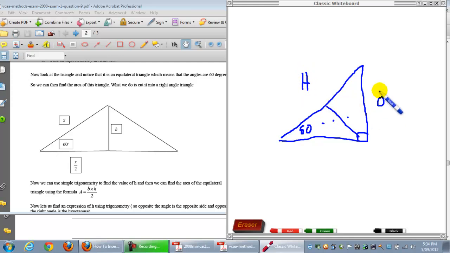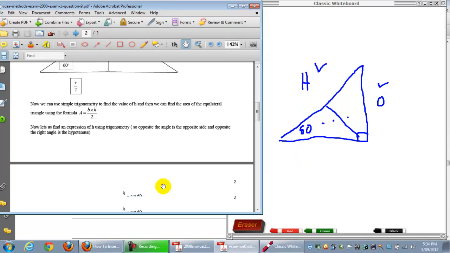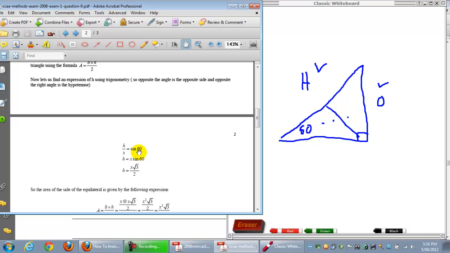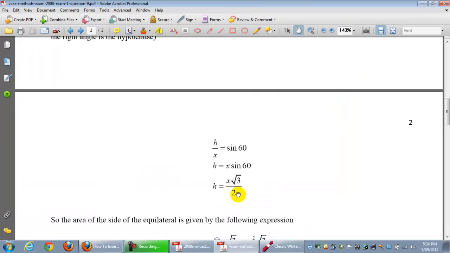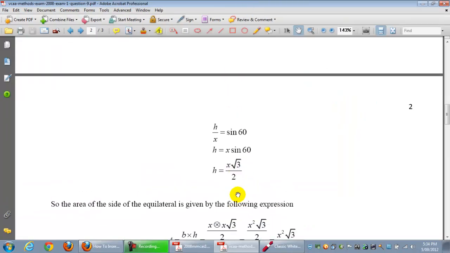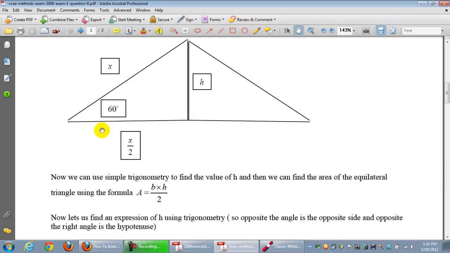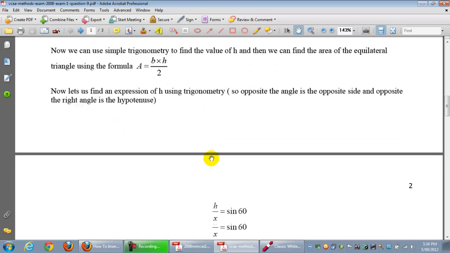So h over x equals sine 60, and h is equal to x sine 60. Now why do we do that? Sine 60 is root 3 on 2, so h is equal to x root 3 on 2. Okay, so we've got h in terms of x.